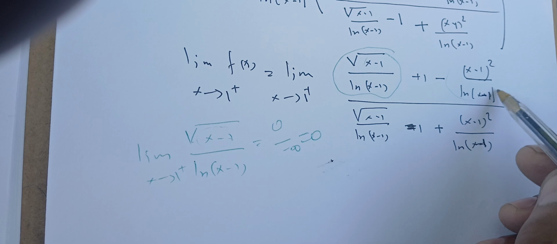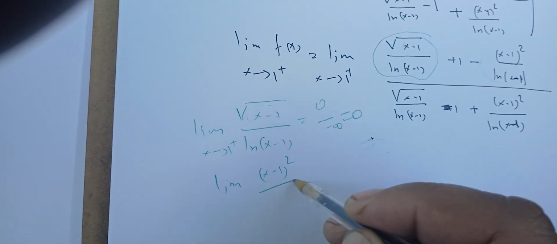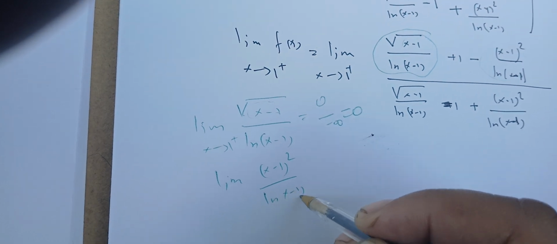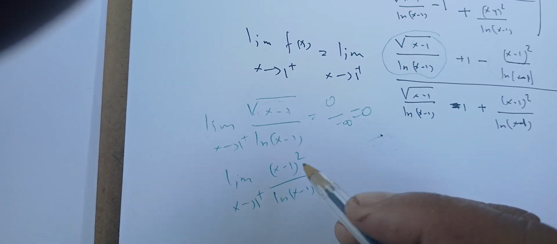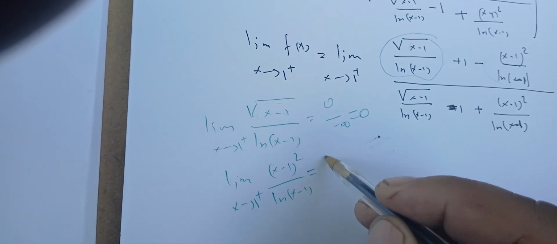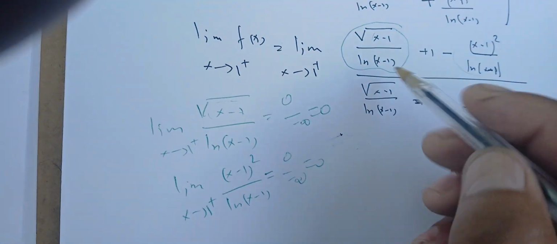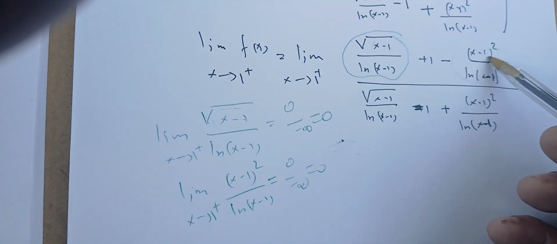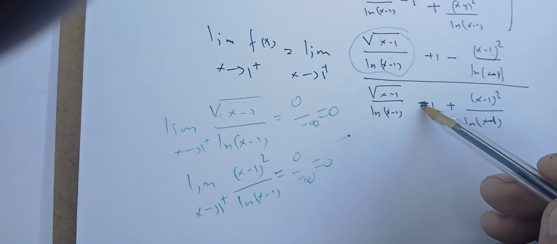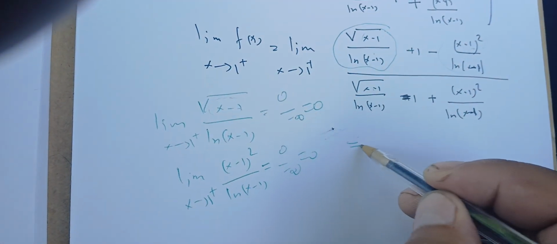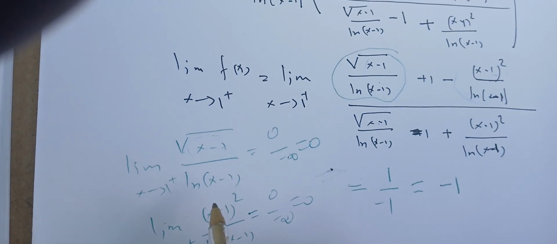And this one here, the same thing: x minus 1 squared over the natural log of x minus 1, as x goes to 1 from the right, is 0 over minus infinity, which is 0. Therefore, when we evaluate, we're going to have 0 plus 1 plus 0 over 0 minus 1 plus 0. Therefore, we have 1 over minus 1. And therefore, this limit is just minus 1.